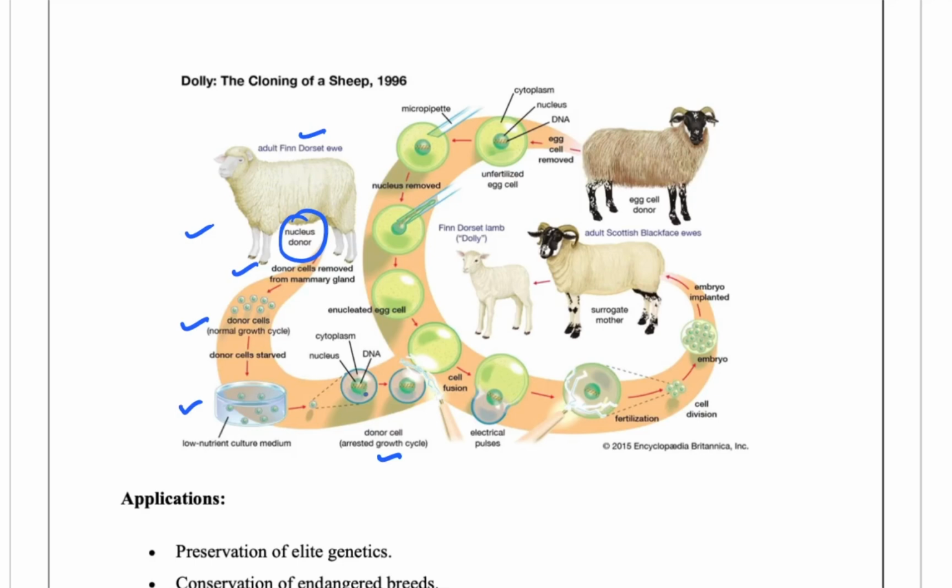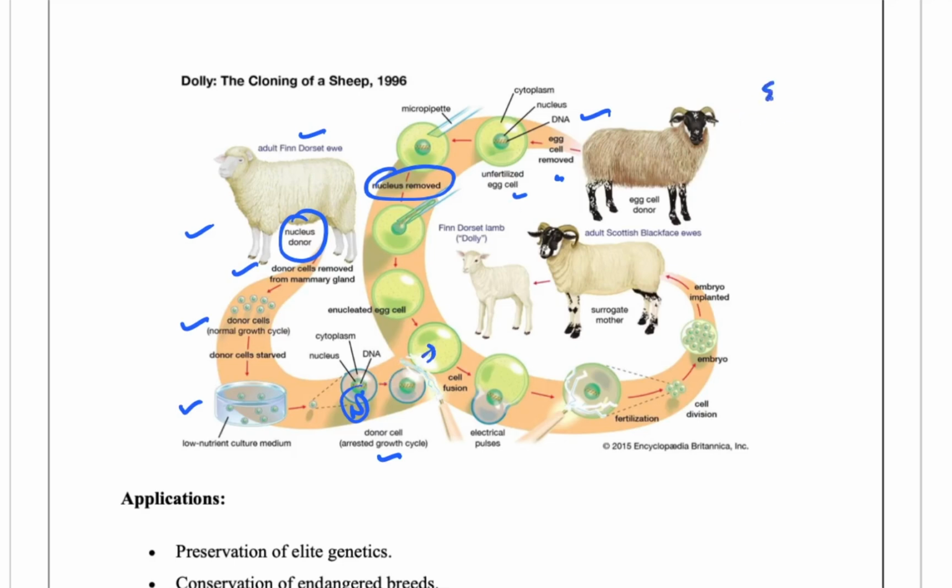Finally, these cells are fused with another cell, which comes from another sheep. Another sheep's egg cell is removed, an unfertilized egg cell. You enucleate this cell, the nucleus is removed, so you have the egg of the sheep but the nucleus is not there, and you take the nucleus of this adult cell and put it in this cell.